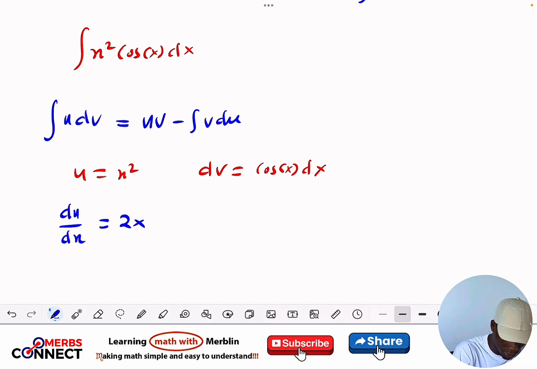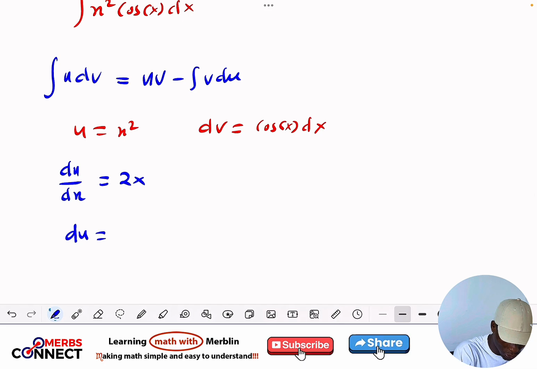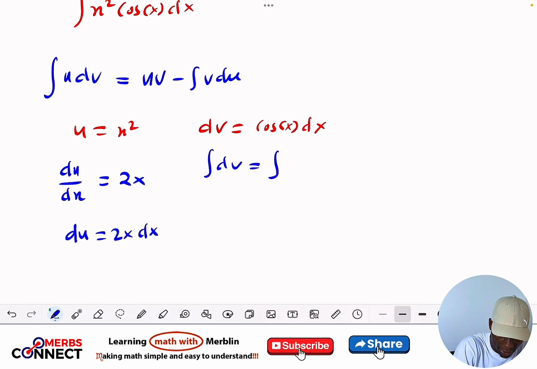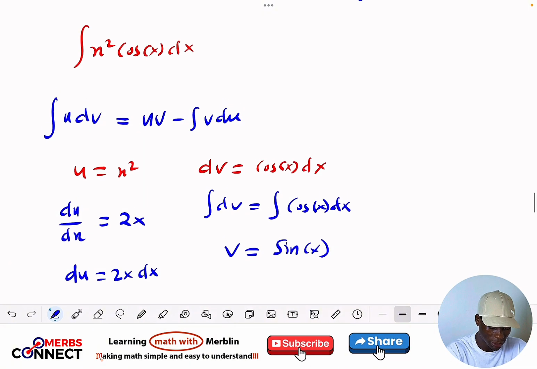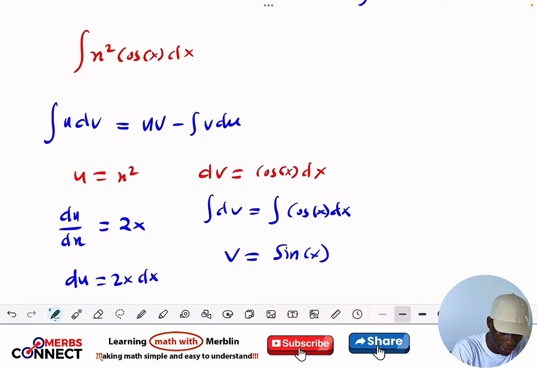So now let's look for du and let's look for v. du will be equal to 2x dx. Now when I integrate both sides, I'm going to have v equal to, when I integrate cos x, sine x. So let's use integration by parts to finish this.